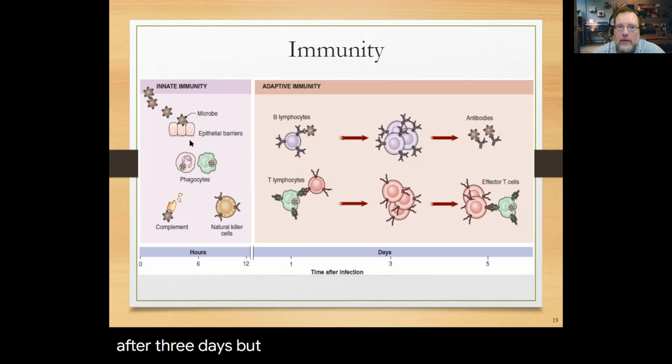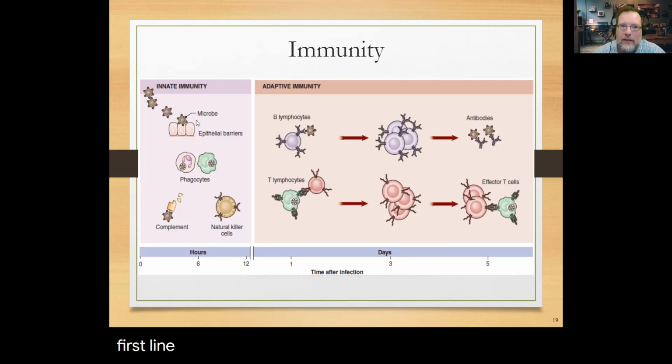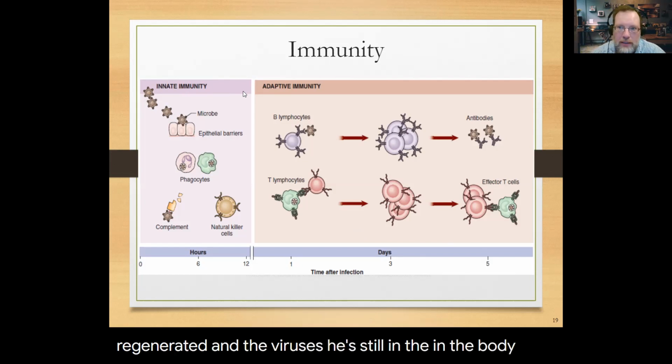But the virus is still attacking epithelial cells, that first line of defense. The body, after day 5 or 6, has started regenerating epithelial barriers, the first line of defense. In essence, target cells are being regenerated and the virus is still in the body.